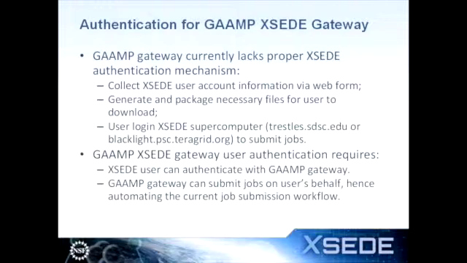First, we want the XSEDE user to be able to authenticate with the gateway. Secondly, we want the GAAMP gateway to be able to submit jobs on the user's behalf, so that the user doesn't have to do the manual steps of downloading the tarball, logging into their supercomputer and submitting jobs, and also so that we can automate the whole job submission workflow.